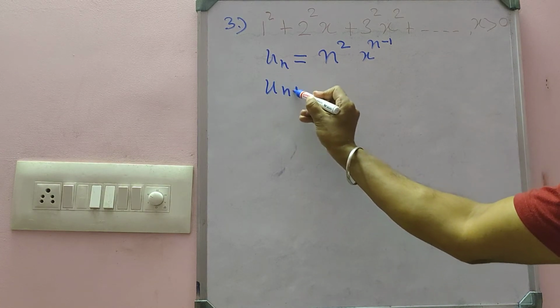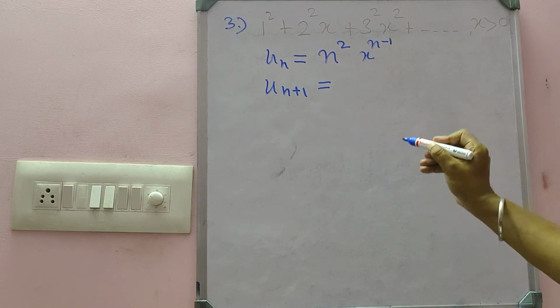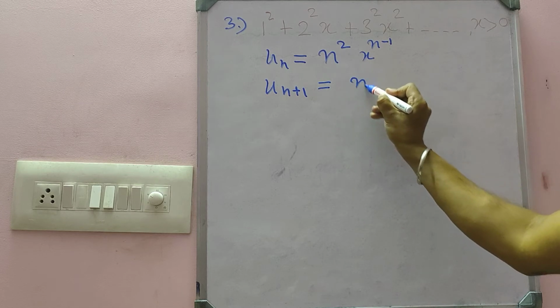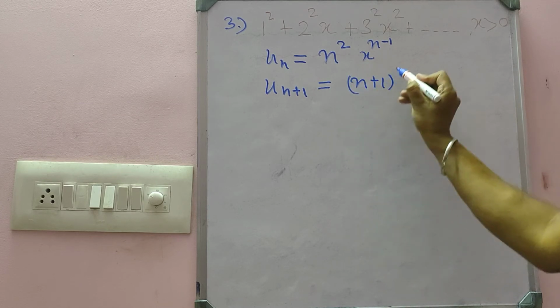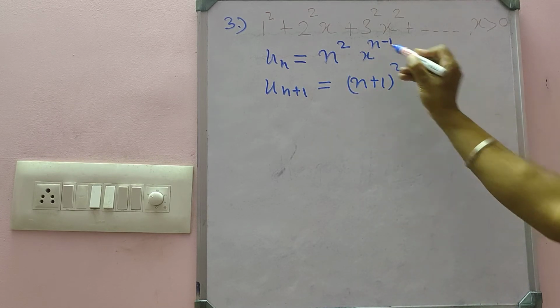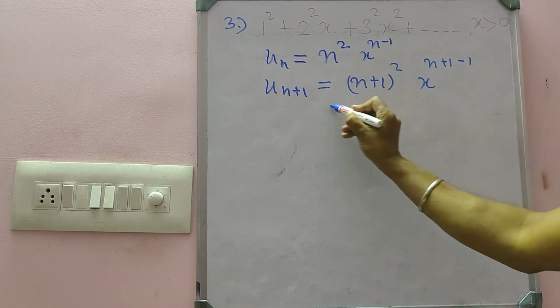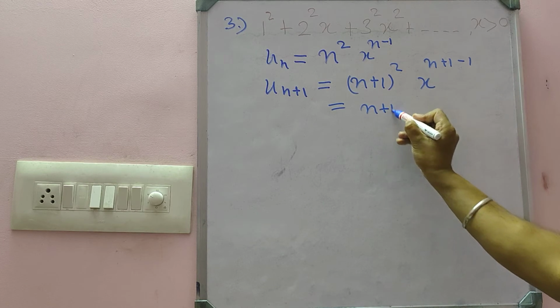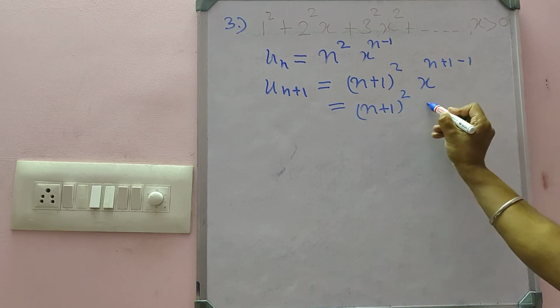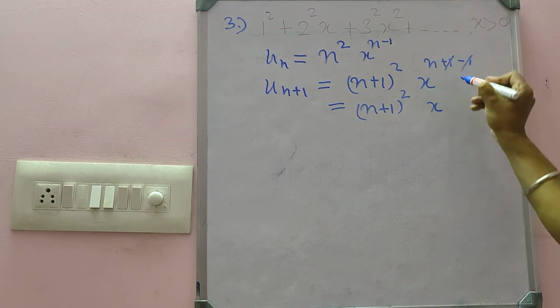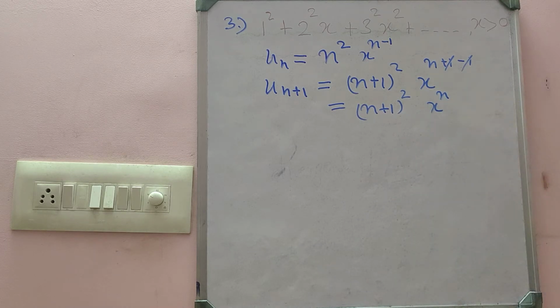Your n plus 1 term, what will it be? un plus 1. So in place of n you have to write n plus 1 square. Here x power in place of n plus 1, and here is minus 1. So it becomes n plus 1 square x to the power n plus 1 minus 1, which cancels, x power n.